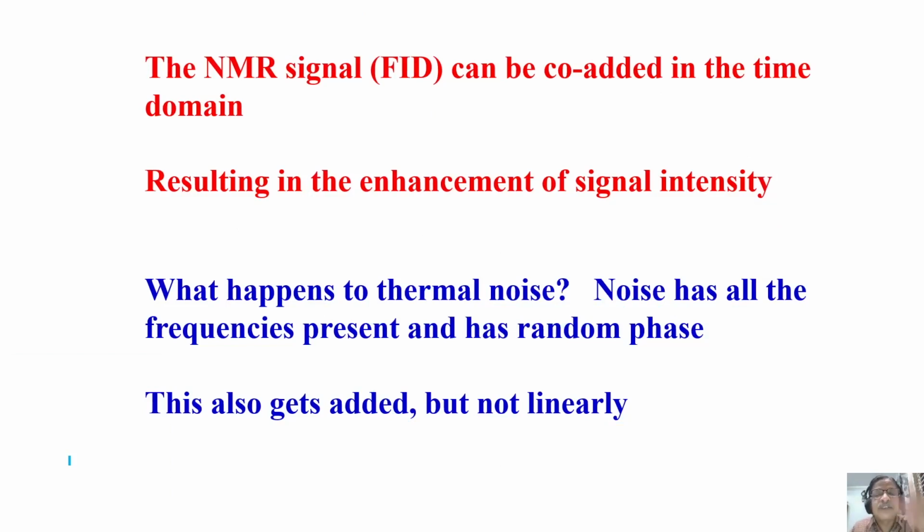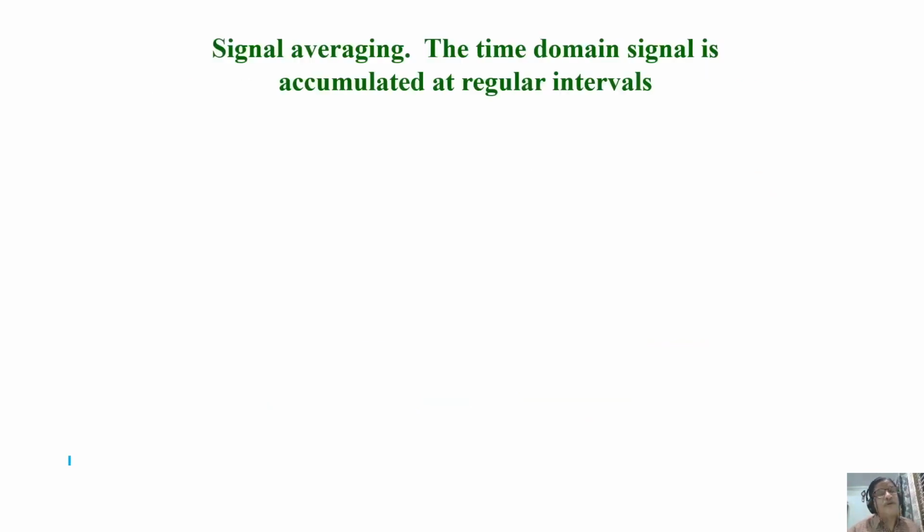Whereas what happened to the signal? You are co-adding in phase. They keep on adding up. Then signal to noise ratio becomes better. This process of co-addition of free induction decay in the time domain is called signal averaging. Remember, it is called signal averaging.